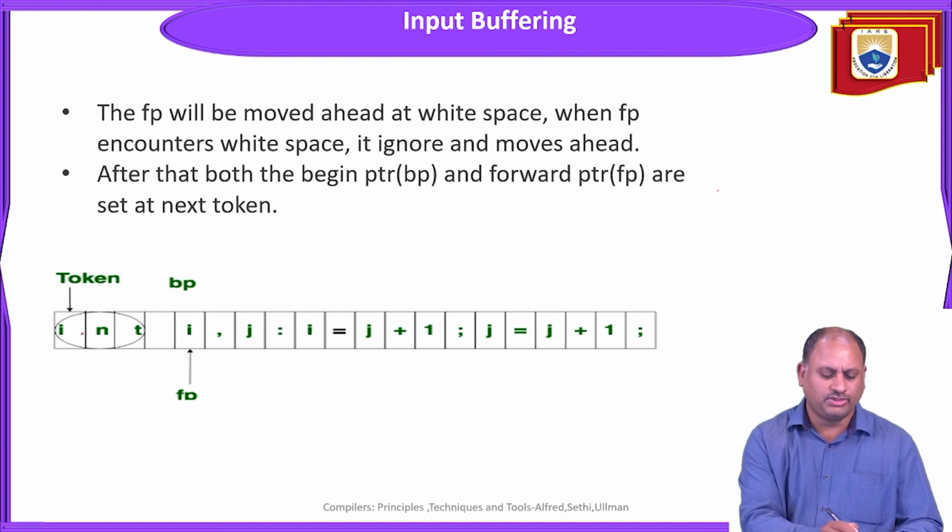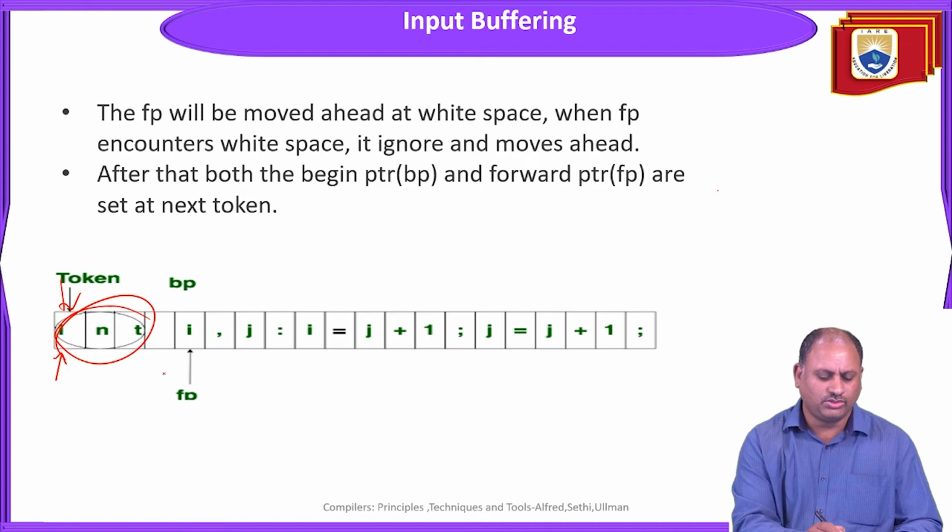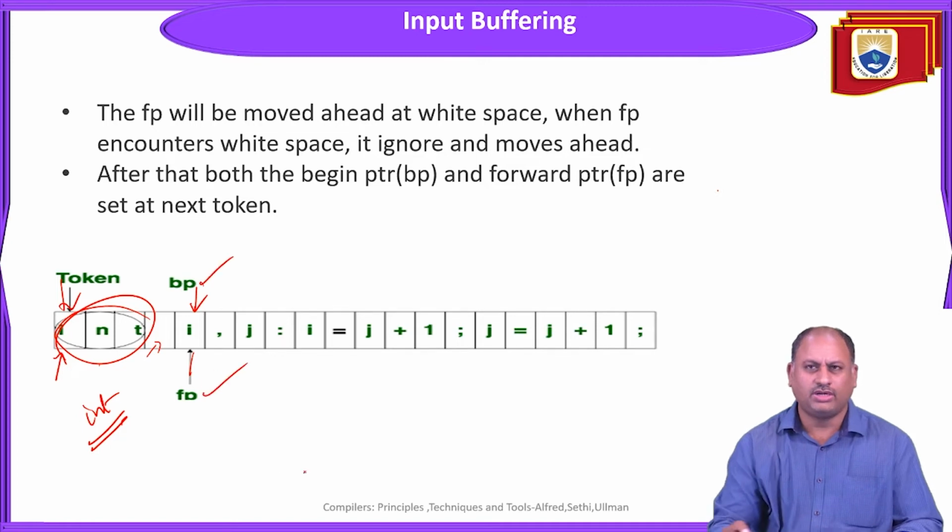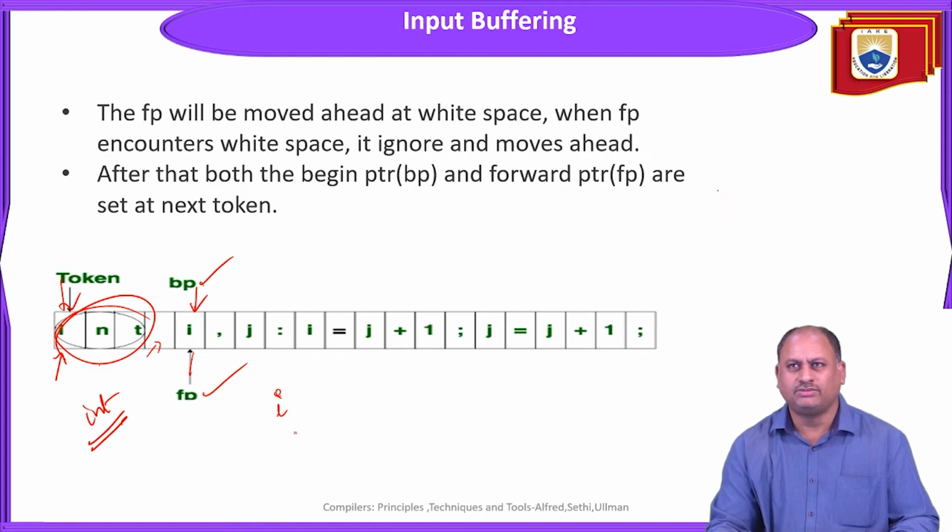Here, for example, the two pointers are at this place. After recognizing the token and then the white space, it recognizes that int is a token. Then both the begin pointer and forward pointer are set at the immediate next position, and once again the corresponding characters are read until a space is found.